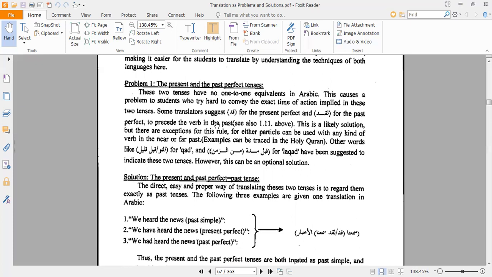Look at problem one, the present perfect and past perfect tenses.